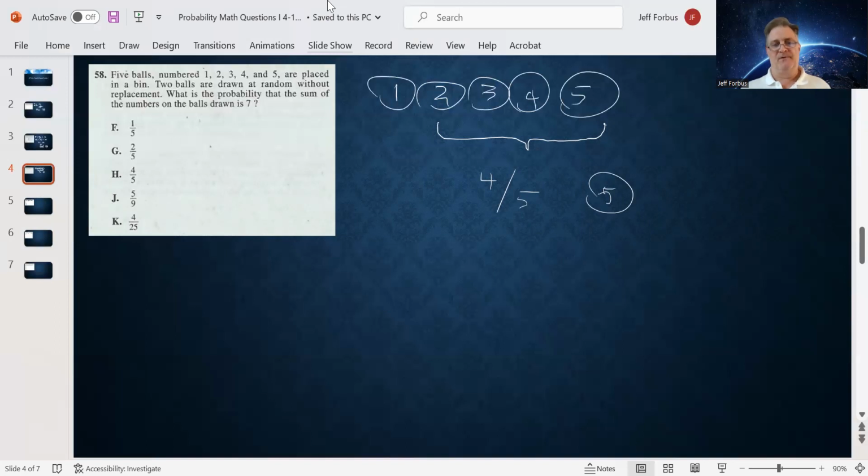Now, we've drawn ball number 5, so that leaves balls number 1, 2, 3, and 4 left in the bin. But we need to be lucky enough to select ball number 2 to pair with 5 to give us a total of 7. So therefore, to draw ball number 2 out of there, we got 1 chance out of 4 total balls.